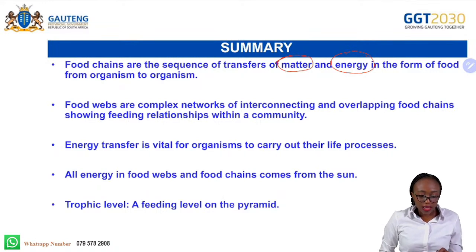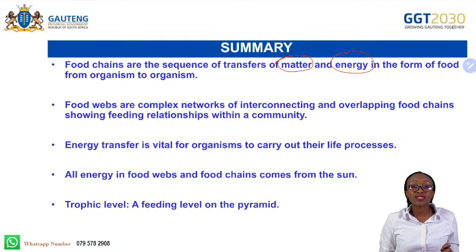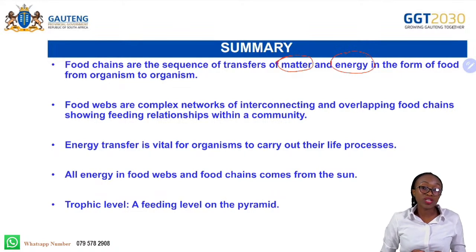So it shows you the transfer of matter and energy in the form of food from one organism to another. And then we also learned about food webs. Food webs are complex networks of interconnecting and overlapping food chains showing feeding relationships within a community, just like the activity we just worked on with the marine ecosystem.